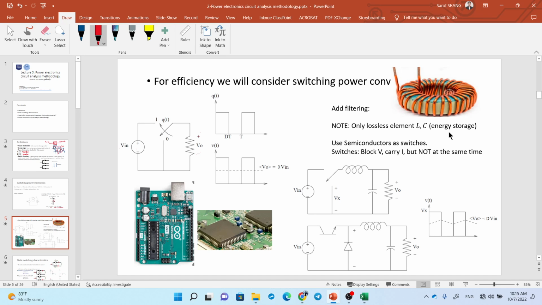But when the source does not release much energy, the storage element will compensate the load. This function is called filtering. So a filter transforms the fluctuation from this form to just slight fluctuation, filtering out the high fluctuation.